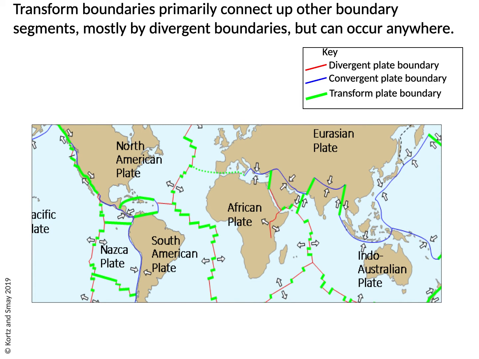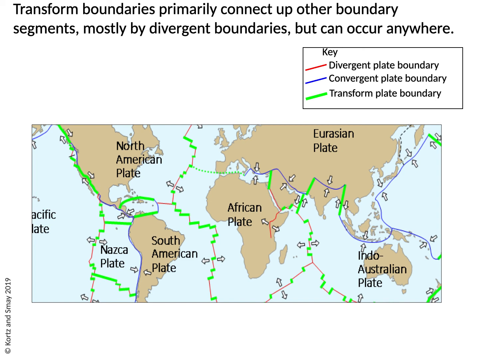In this map view, transform plate boundaries are highlighted by the bright green sort of highlight or color. And you might notice they mostly connect up other boundary segments. Mostly they're nearby divergent boundaries, but they can occur anywhere.